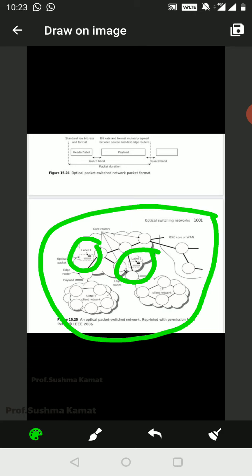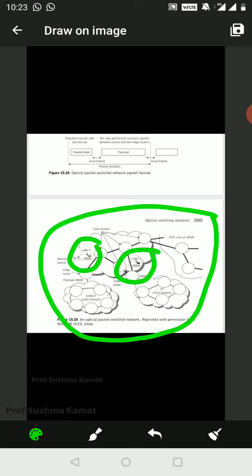This routing function typically involves the following 4 steps. The first one is, you will first extract the label from the packet. Once you extract the label from the packet, the destination is very clear to you. Second one is, you will process the label to obtain the routing information. Whenever you consider the processing, this is about extracting the destination information. Third one is routing of the payload and contention resolution if necessary.